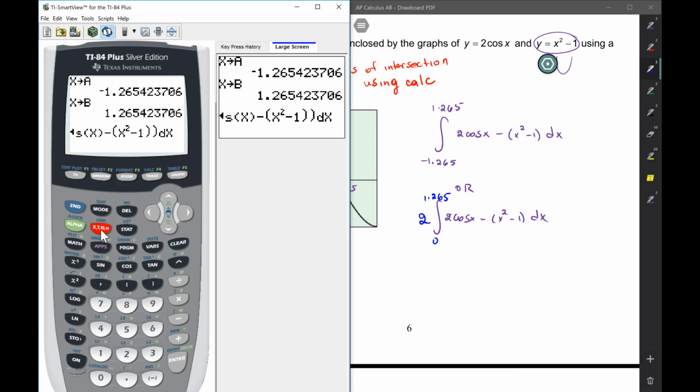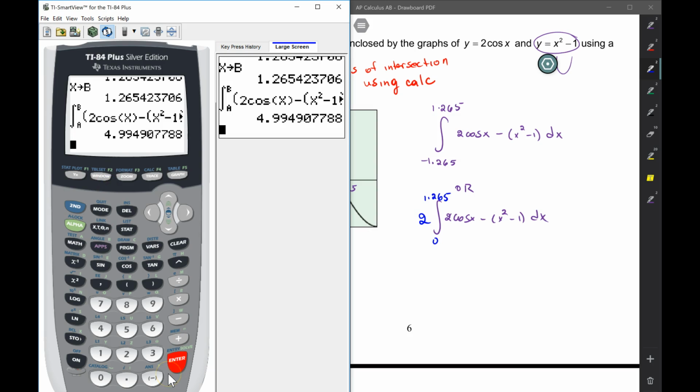A comma B. Always A comma B. So you put in the function in the older versions. You put all this in, comma x, comma A, comma B, enter. Yes. 4.995.